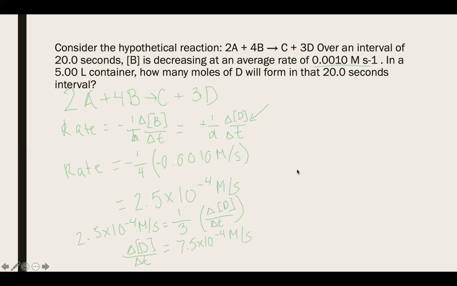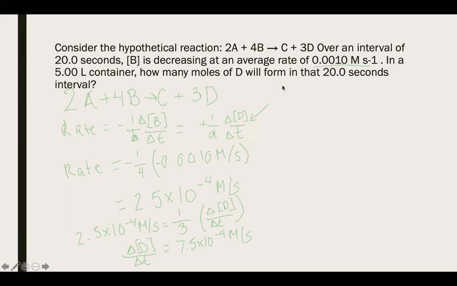But the actual problem is asking for the amount of moles that are going to form in 20 seconds, in a 5-liter container. So you have molar per second right now, and you're trying to get moles. The first thing you can do is use your time period, 20 seconds.